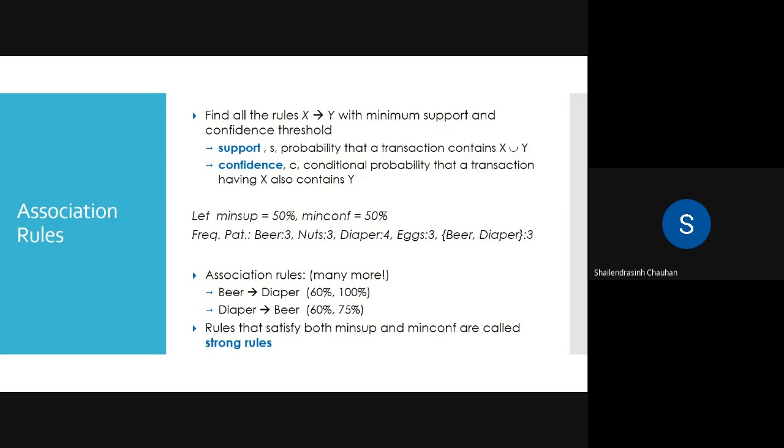Fine. So we'll try to understand this with one example. First step, always, remember this: whenever a transaction table is given to you, with support and confidence, the first step is always finding out frequent item sets and the largest frequent item set.